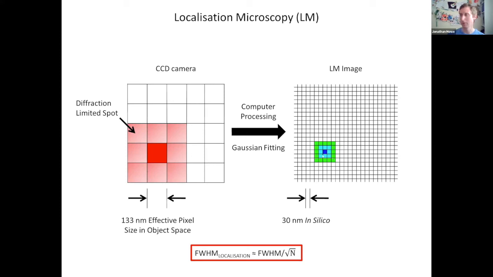And then you place an assignment in the super res image at that centroid position, and normally what people do is give a Gaussian profile to that spot, the width of which is proportional to the localization precision. So very well localized molecules where lots of photons were detected are represented by a bright, narrow spot in the super res image, whereas very poorly localized molecules where there are very few photons are very broad, blurred out spots. They don't contribute as much, which seems fair.